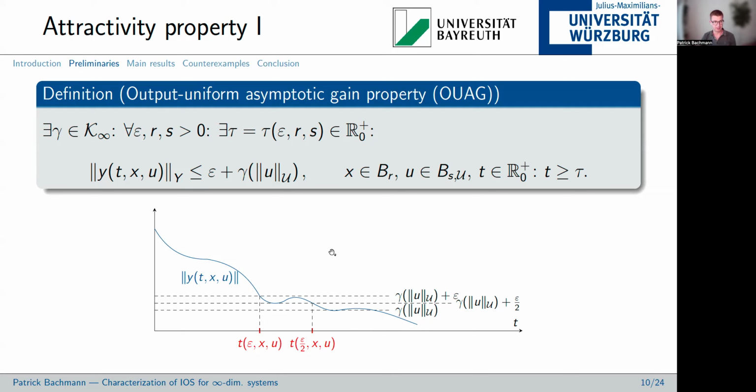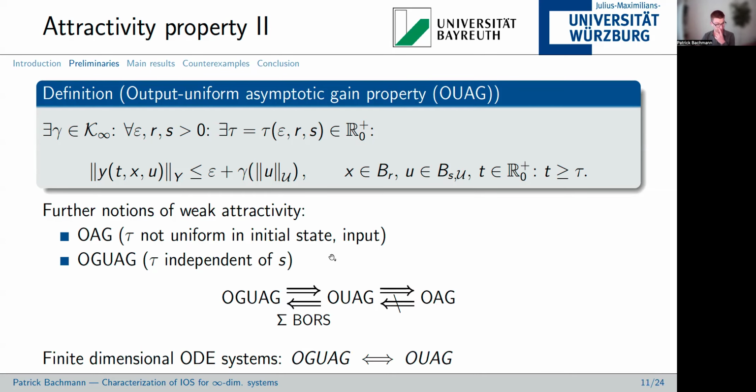Opposed to that, we also have, sorry, I forgot about this slide. We have further notions of, this should be just attractivity, not weak attractivity. Namely, OAG, output asymptotic gain property, and the output global uniform asymptotic gain property, which are variations of this definition here.